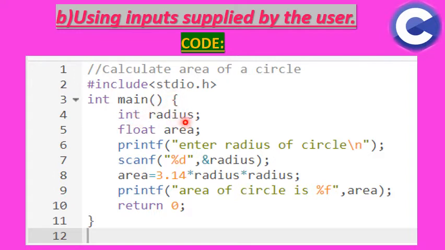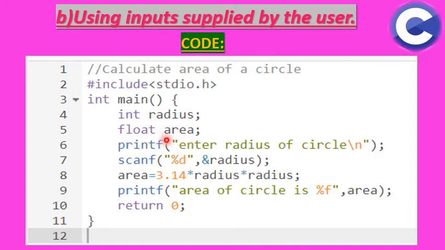Now, int radius; semicolon. In this statement I have declared a variable named radius under the data type int. That means whatever value this variable radius carries will be of integer type. Then the semicolon is your instruction terminator. Now float area; here again I have declared a variable named area under the data type float.